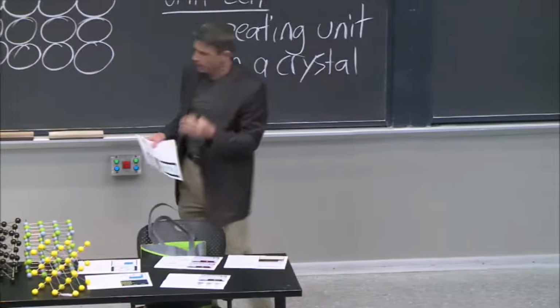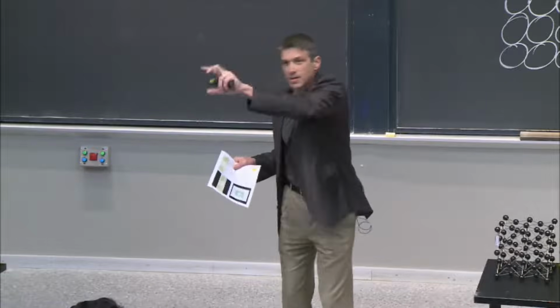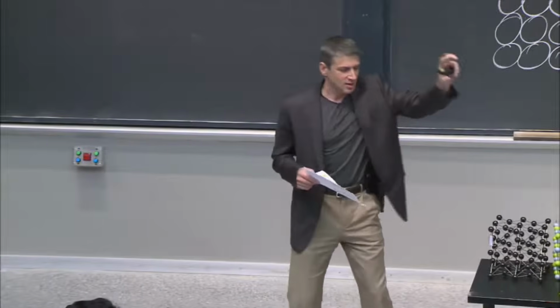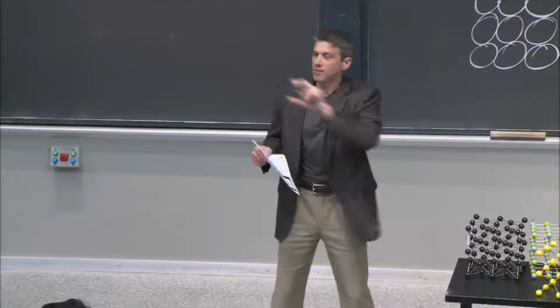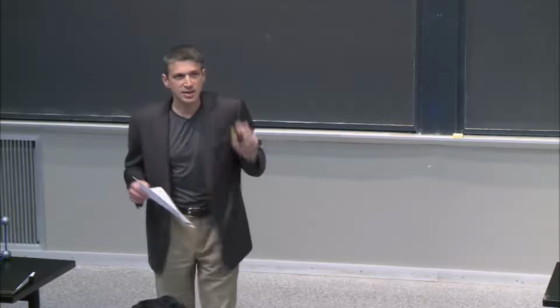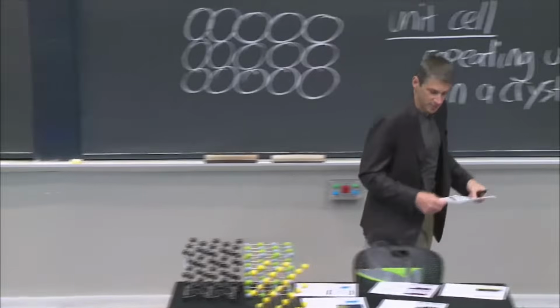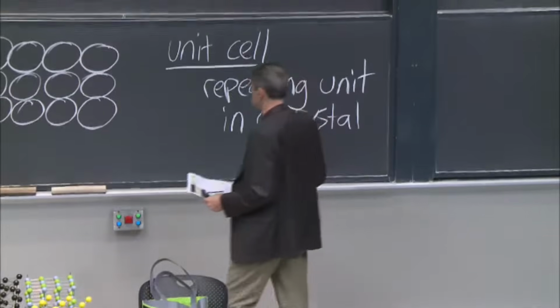And something is really important here. I can take these repeating units and stamp them. I like that word. And I can tile all of space and recreate this picture without any voids. I didn't miss anything. I filled all of space. And that is what a crystal system is.